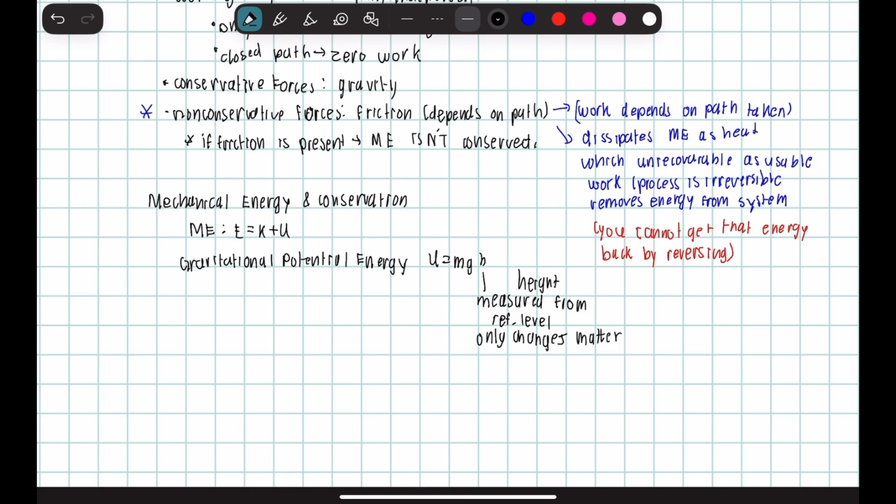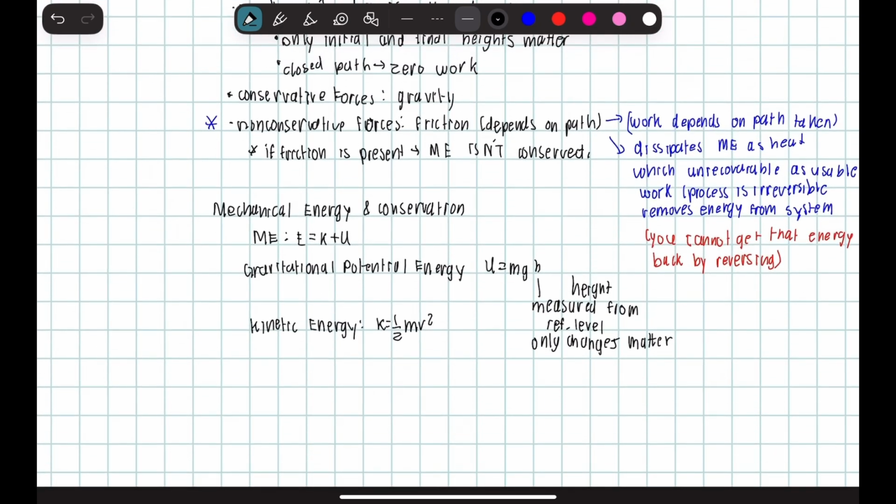And remember, kinetic energy K is equal to 1/2 mv squared. And remember that conservation of energy is going to be E_A is equal to E_B if only conservative forces are present.